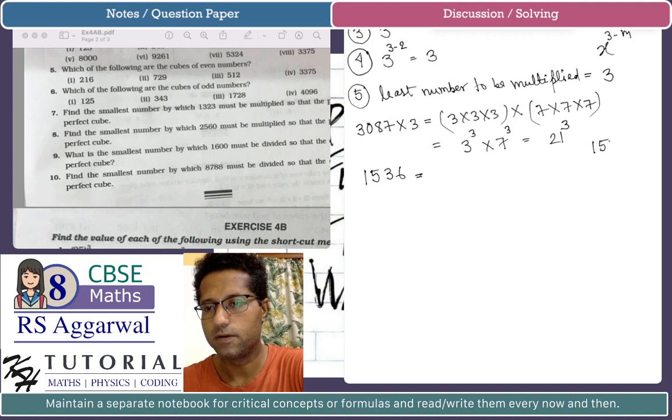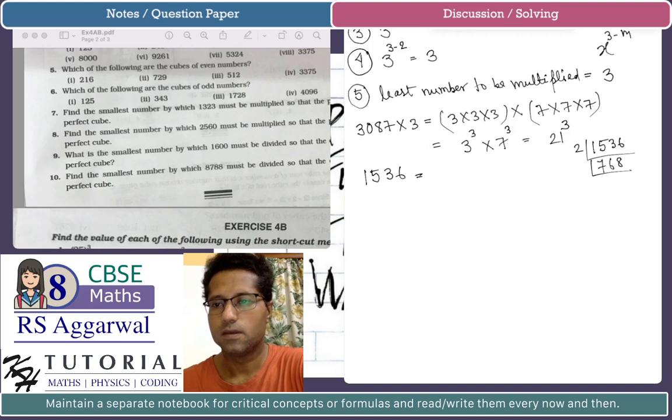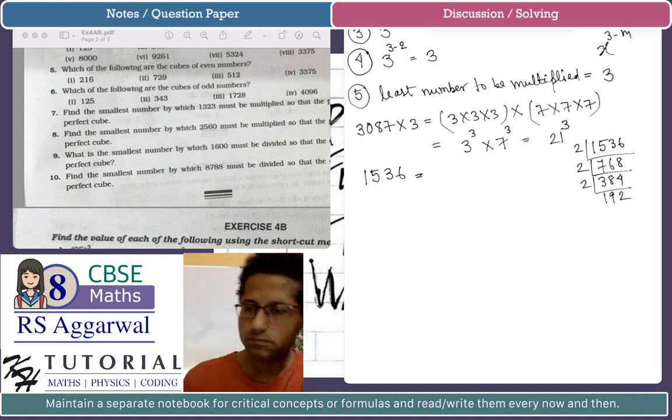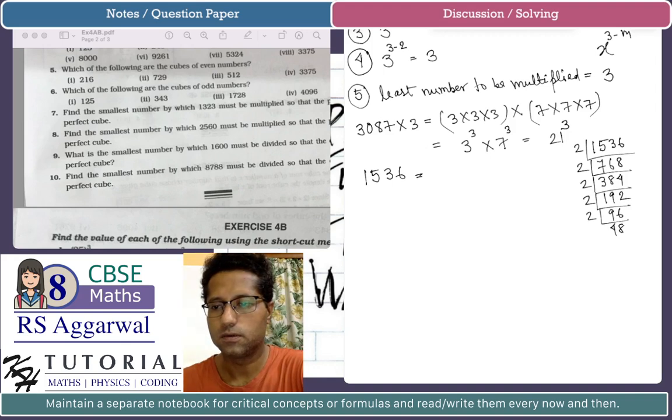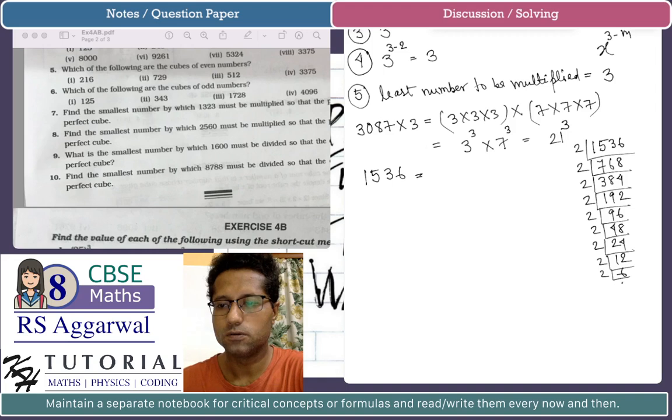Let's quickly do that. 1536 will definitely divide by 2, so 768, and again 2 gives 384, again 2 gives 192, and then 2 gives 96, and then 2 gives 48, 2 gives 24, 2 gives 12, 2 gives 6, 2 gives 3.